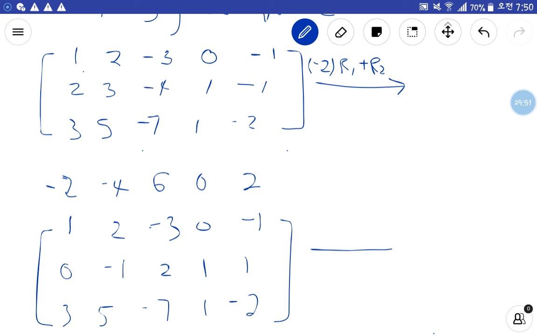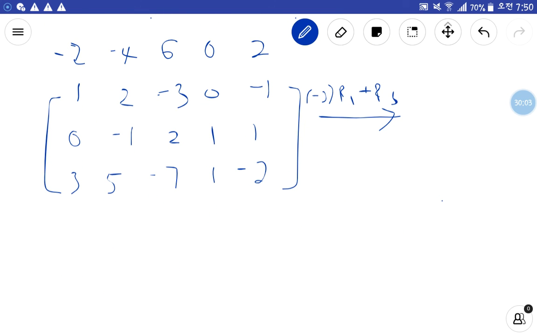Now my second step, I want you to cancel my 3 out. So negative 3 times the first row plus the third row. That would be negative 3 if you multiply everything by negative 3: negative 6, positive 9, and then 0, negative 6.